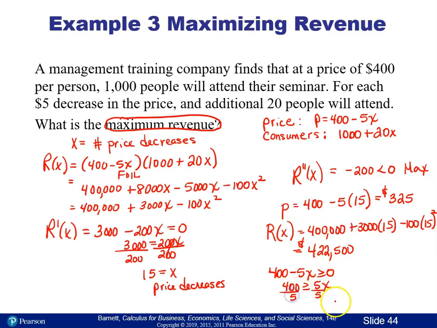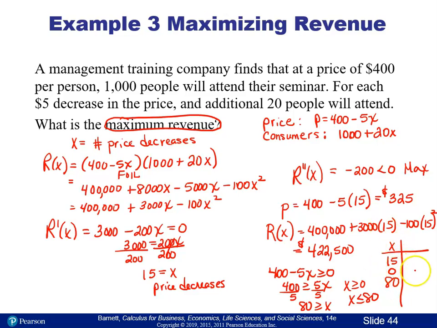And so we've got 80 is greater than or equal to x, or x is less than or equal to 80. So you could have done this as absolute maximums and minimums. Put in your critical number of 15. x has to be positive, and then it also has to be less than or equal to 80. Those would be the numbers you would want to check.